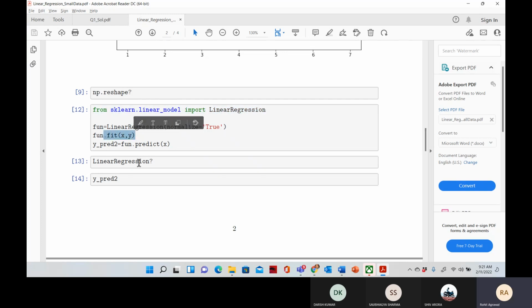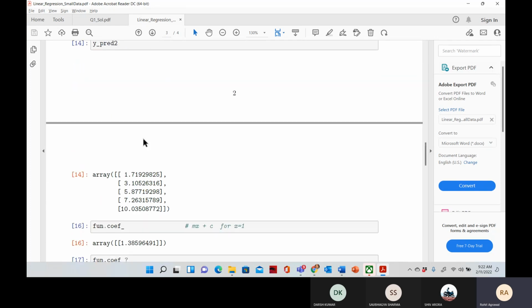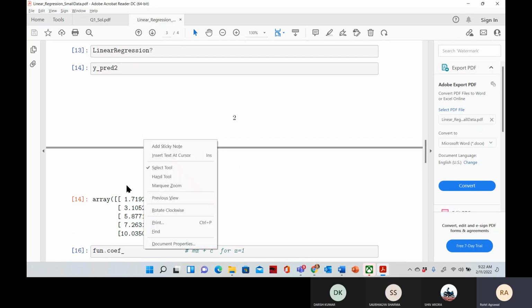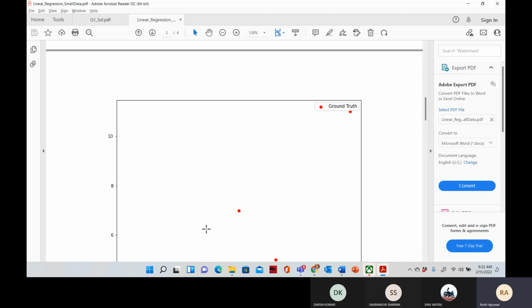After fitting this model, we predicted y values for the same x values, just like we did now at x equals to 3. On the same x value we predicted the y value and we see the differences. These are the predicted values and these are the actual values.